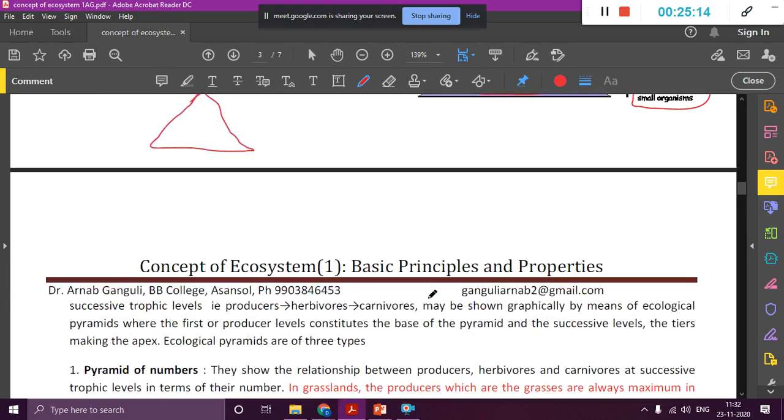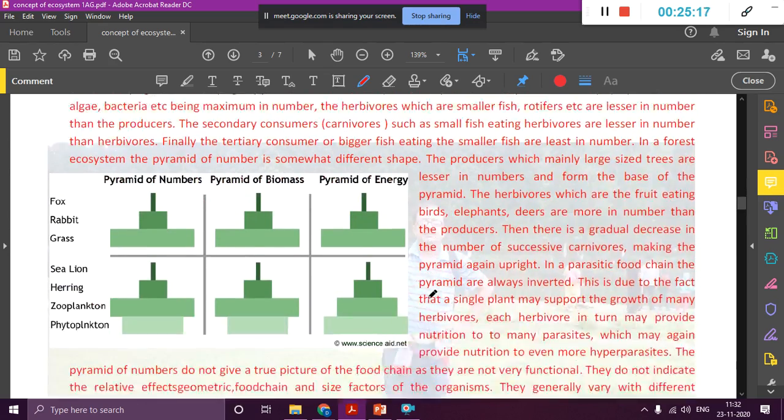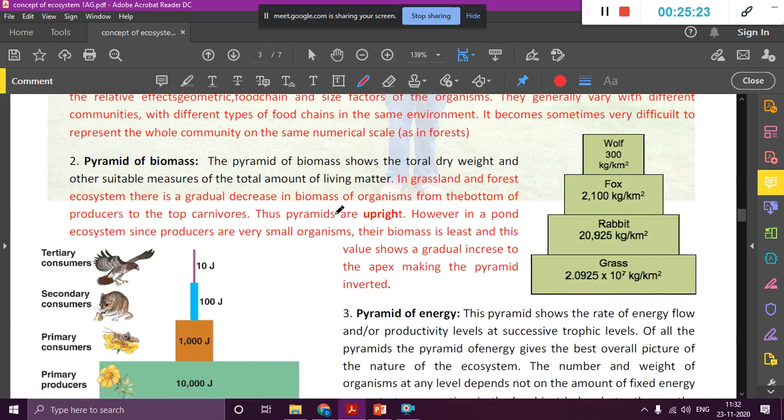Another type of pyramid is the pyramid of biomass. The weight of grass is so many kilograms. This is much greater than the weight of the rabbits, which is much higher than the weight of the fox, and the fox are eaten by the wolves, which weigh much less.